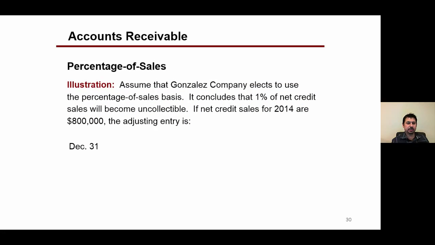Okay, so for the percentage of sales, the company can estimate or predict future amounts that will be uncollected based on previous years' information.